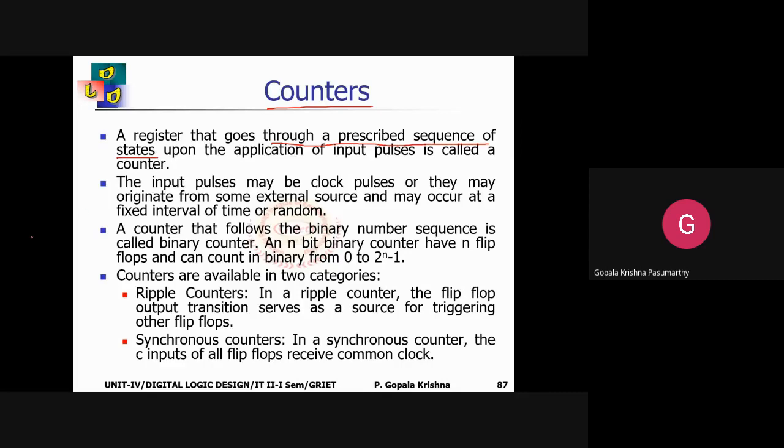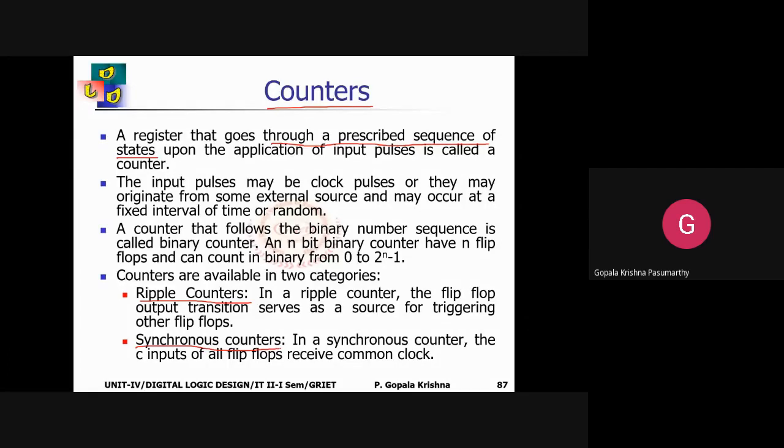So counters can be constructed in 2 types. There are 2 types of counters. See, the name itself will tell you, counter means which counts. Whenever you apply a clock pulse, a counter keeps counting. For example, a binary counter counts 0, 1, 2, 3, and so on. If you take an even counter, it counts even numbers 2, 4, 6, 8, 10 like this.